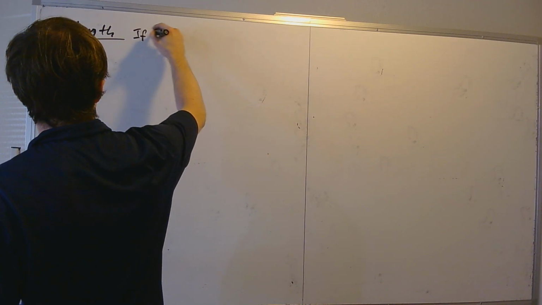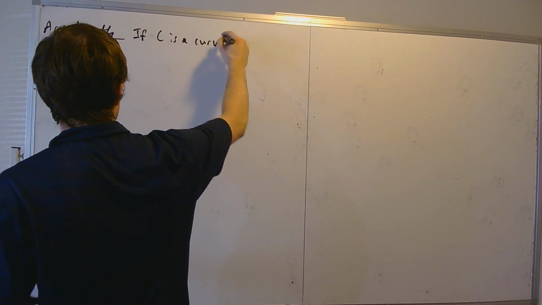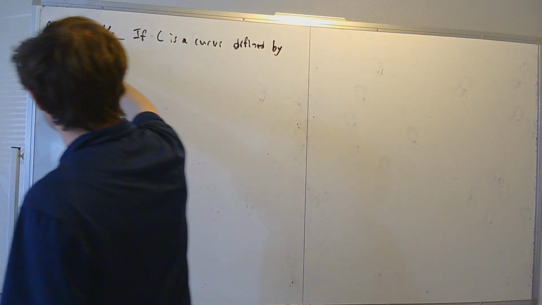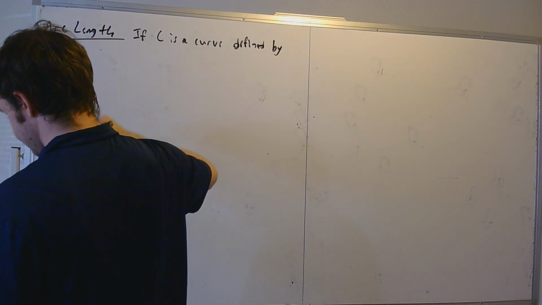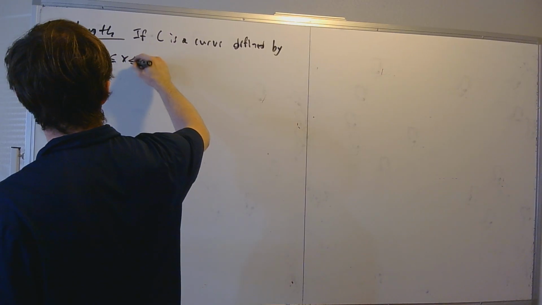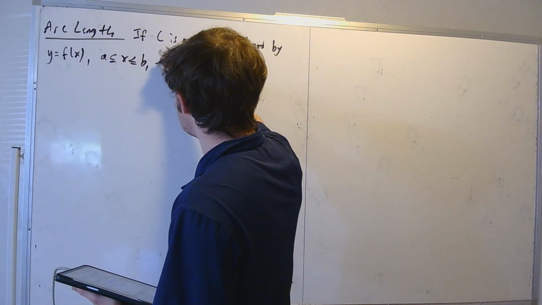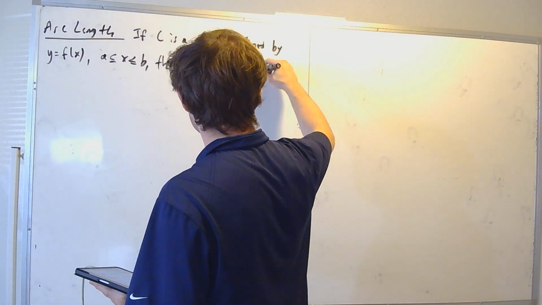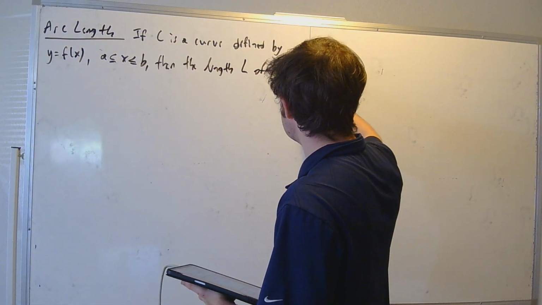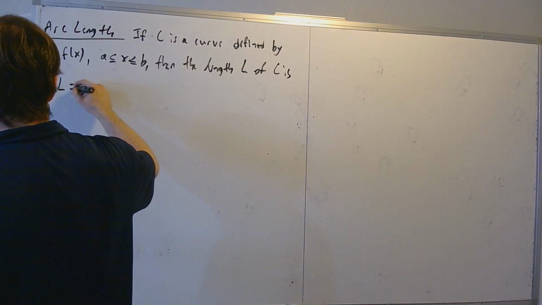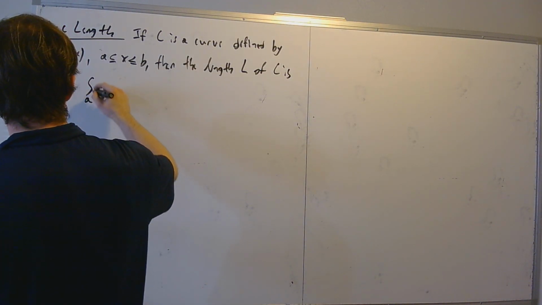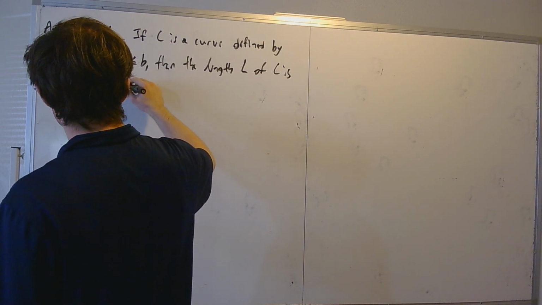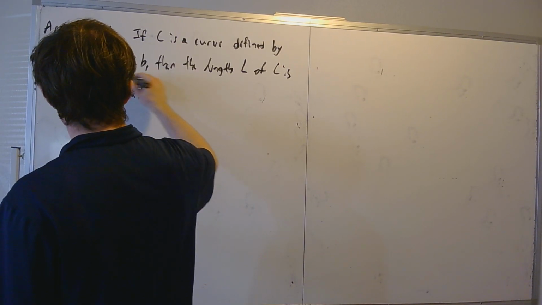So if C is a curve defined by y equals f of x, where a is less than or equal to x is less than or equal to b, then the length L of C is, so we have an equation, L is equal to the integral from a to b of the square root of 1 plus dy by dx squared dx.